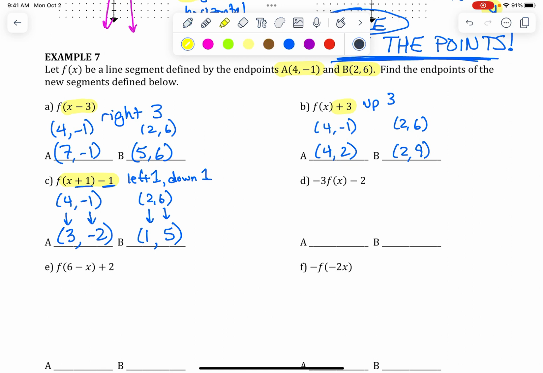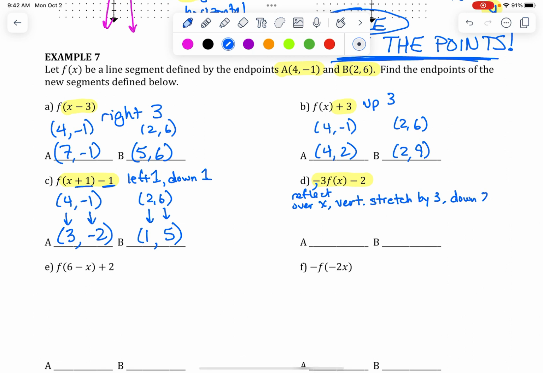All right, next example. Notice in this case that there's a reflection over x. You're going to vertically stretch by 3, and you're going down 2. Okay, now it doesn't say to write them all down, but this is what's going on.